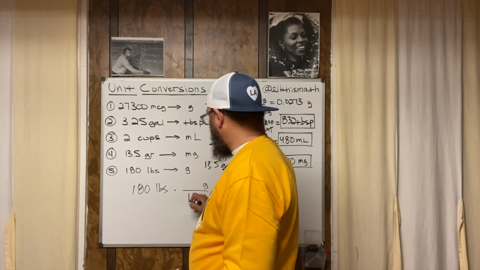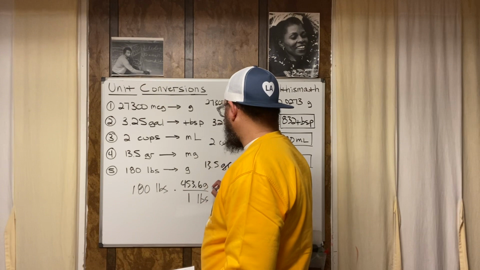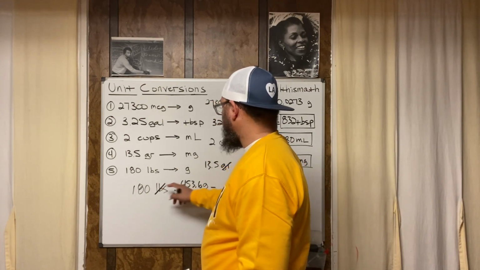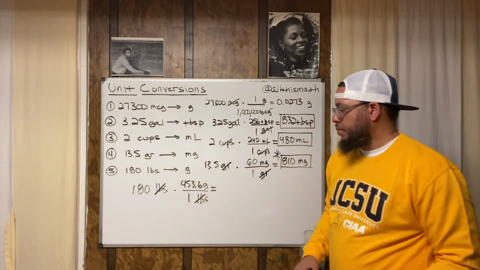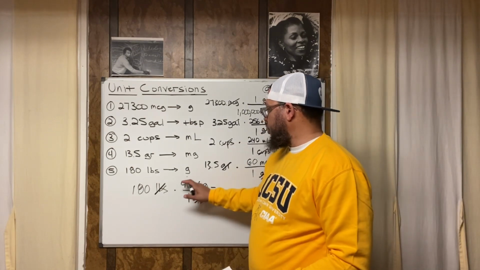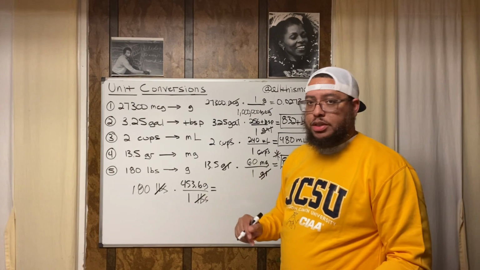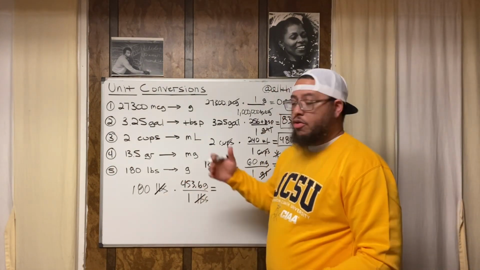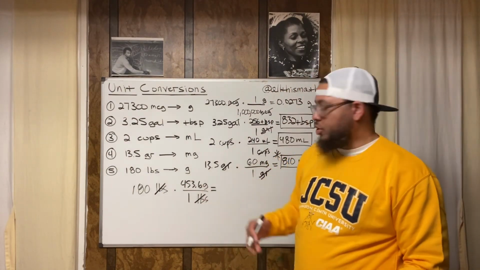All right, so 1 pound, 453.6 grams. So we're going to multiply. Now the pounds cancel out. 180 times 453.6, because 1 pound is 453.6. 2 pounds would be 2 times 453.6. 3 pounds would be 3 times 453.6. 4 pounds would be 4 times 453.6, and so on and so forth, right?